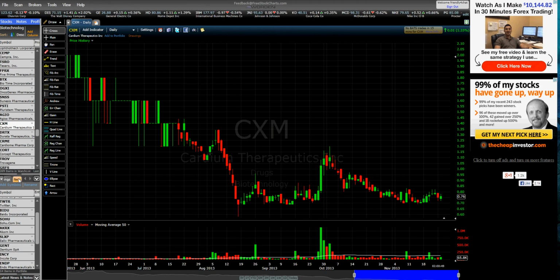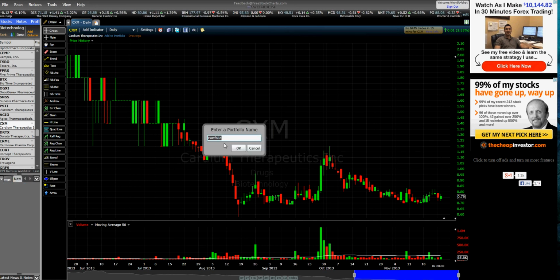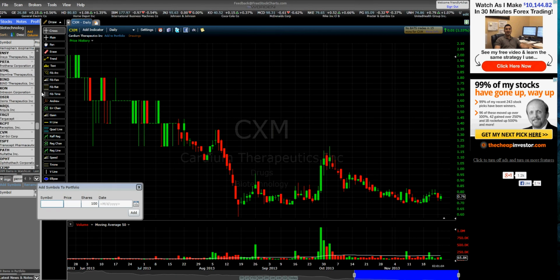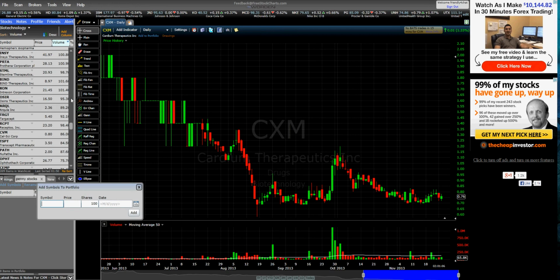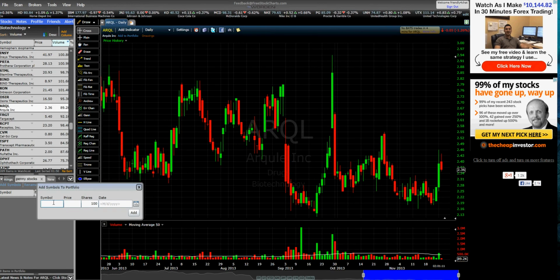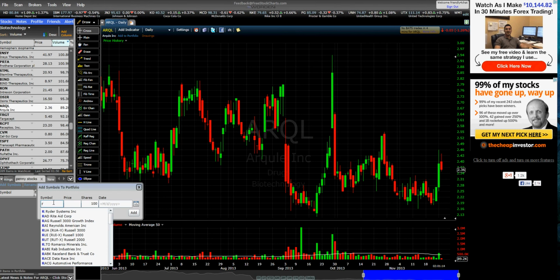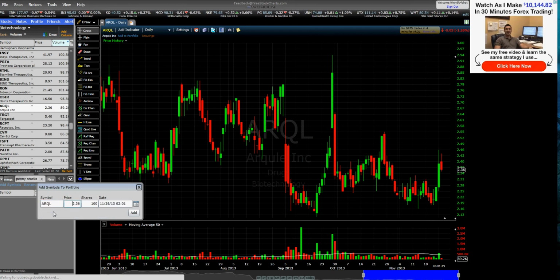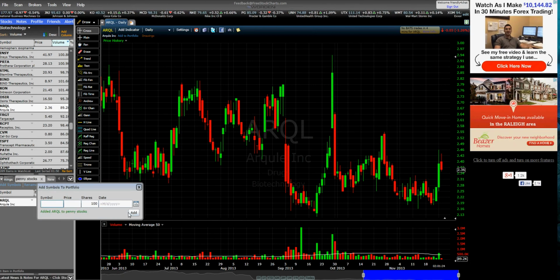Here, as you can see, you just go and add new, just an example. It's a portfolio, you name it. For example, you write penny stocks, and okay. Now here, add symbol.